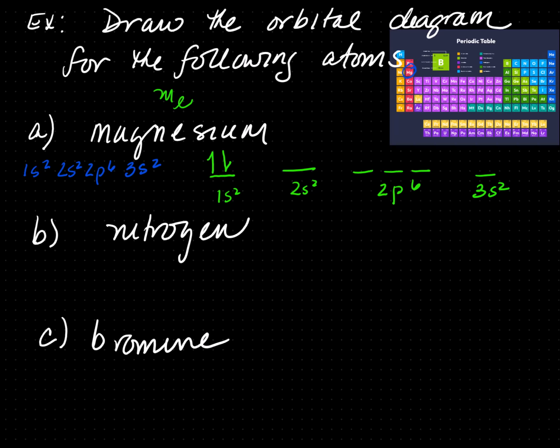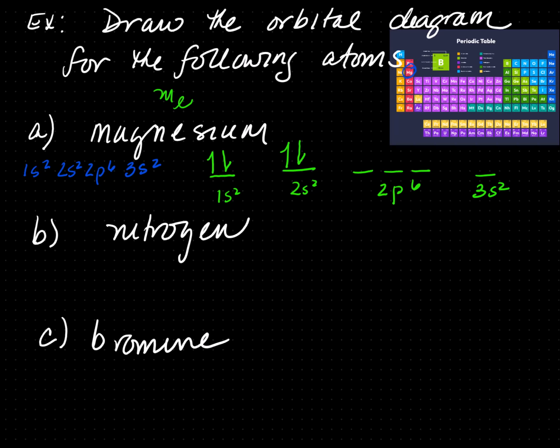The next lowest energy level, according to the Aufbau principle, is 2s2. Since there is only 1 orbital, again, Hund's rule, 1 electron per orbital, I come back and fill upside down because Pauli states there must be an opposite spin. The next lowest energy level is 2p6.